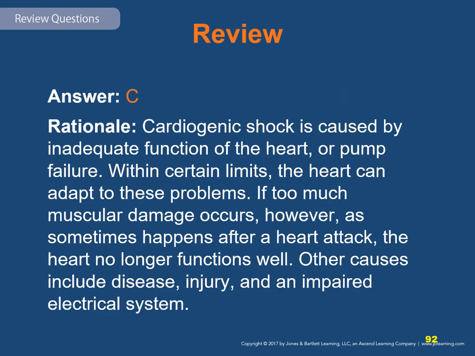The correct answer is C. Cardiogenic shock is caused by inadequate function of the heart or pump failure. Within certain limits, the heart can adapt to these problems. If too much muscular damage occurs, however, as sometimes happens after a heart attack, the heart can no longer function well. Other causes include disease, injury, and impaired electrical system.